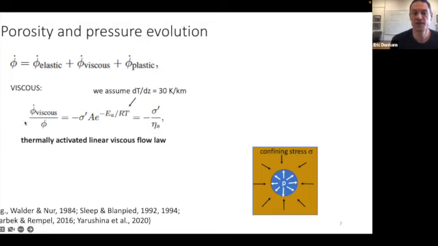So we just use a thermally activated linear viscous flow law here, so we bring in some dependence on temperature. It's linear in effective stress. You could imagine there might be a power law, but we do it like this. And we view the reciprocal of that as the shear viscosity.